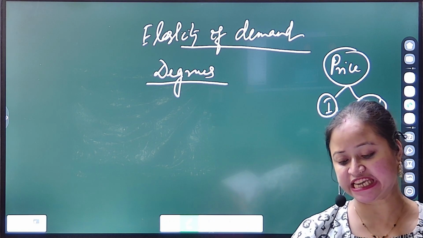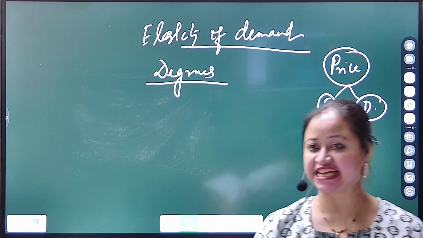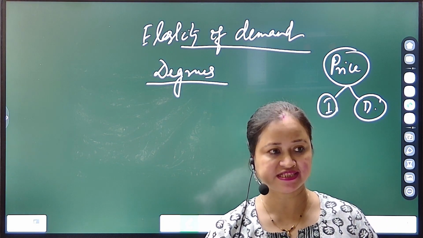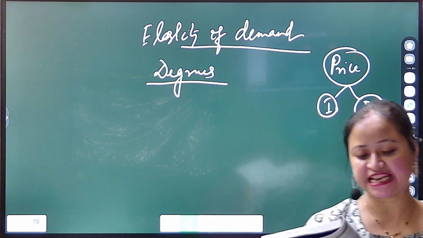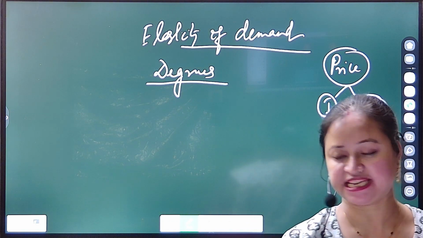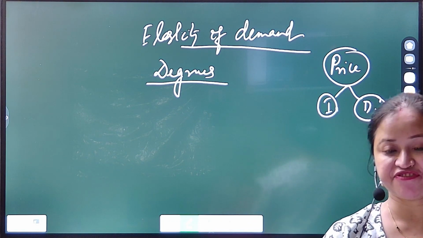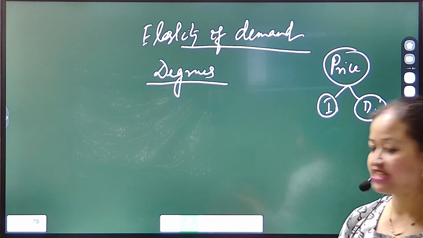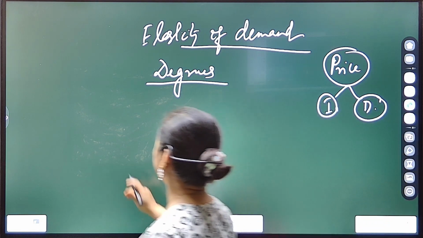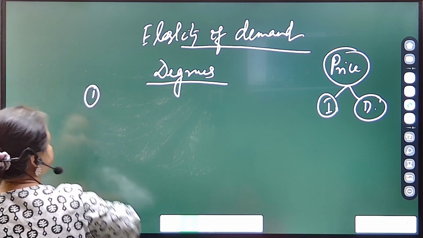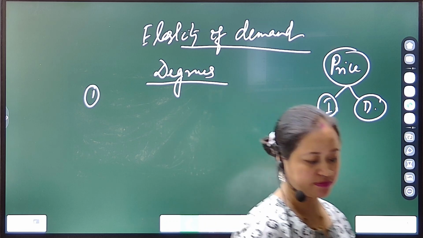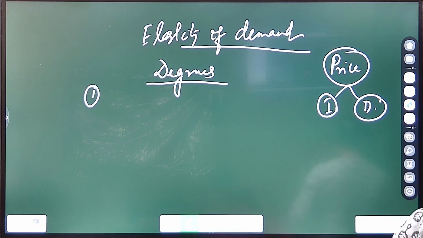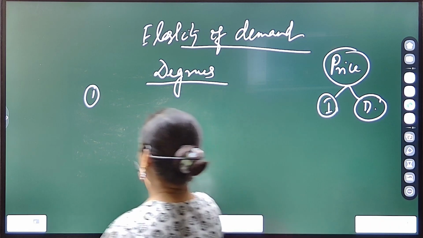Then relatively inelastic demand, where EP, that is price elasticity of demand we are talking about, is less than 1, and unitary elastic demand. So these are the 5 degrees of elasticity of demand. We will now discuss the first one first, that is your perfectly elastic demand.